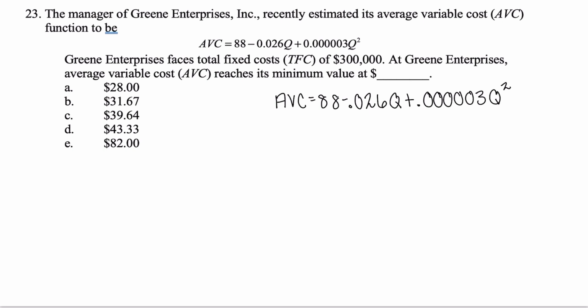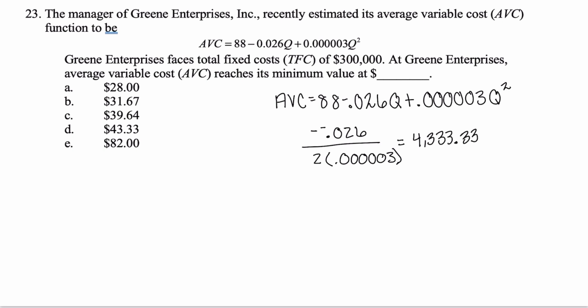So to find the minimum value, we're going to take the number in front of the Q with no exponents, negative 0.026, over 2 times the number in front of the Q squared, 0.000003, which gives us 4,333.33.